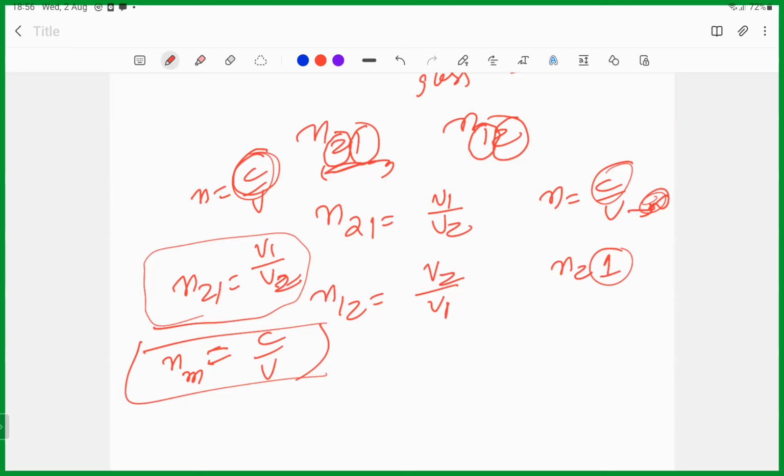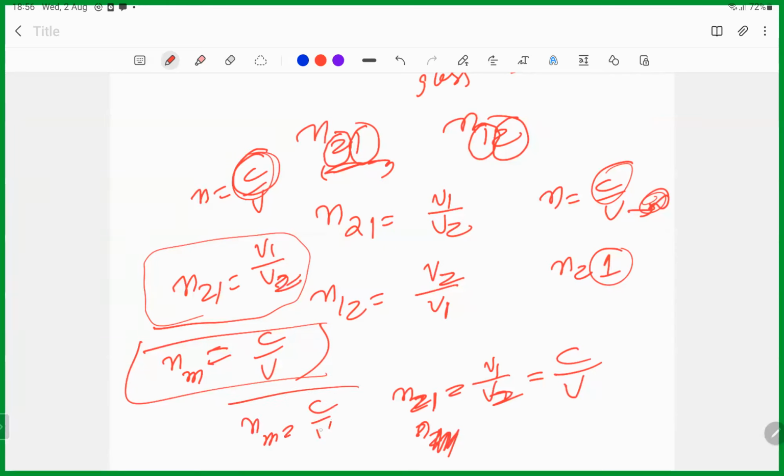For vacuum or air, what is the velocity? C. So generally the n21 formula is v1 by v2. What is v1 here? C. V2 you can take simply as v. So n21 can be written as just n2, which is nothing but the refractive index of the medium. So that's why nm equals c by v.